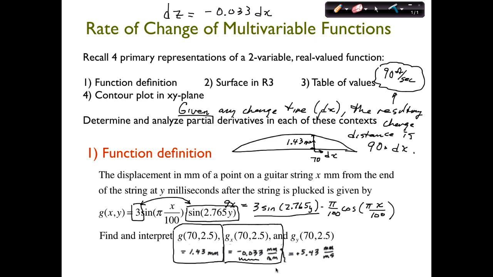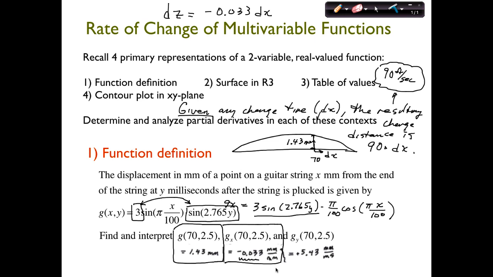What does the rate of change give us? If we let time change a little bit, that rate of change gives us the change in displacement, right? The dz. How do we get that dz? Change in time, right? Exactly.